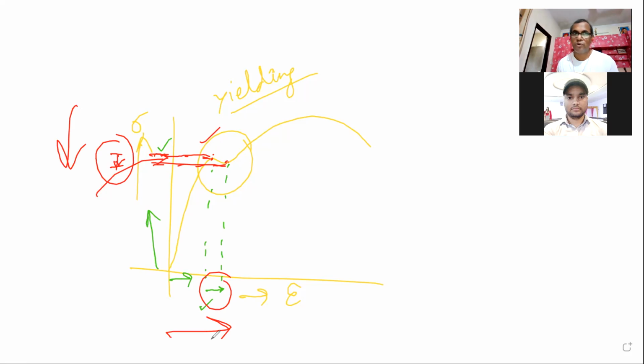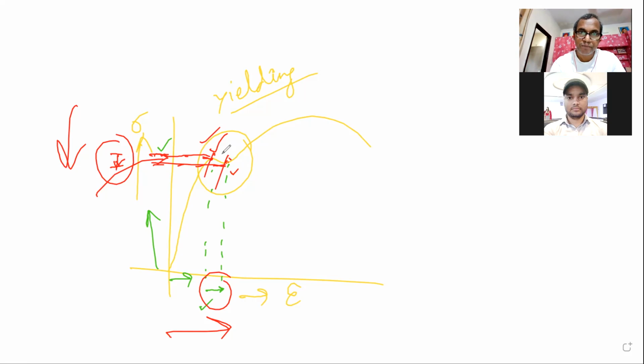This phenomenon is called yielding. That is why, from where the yield starts is the upper yield point, and where this phenomenon ends is called the lower yield point. Throughout this, from here to here, this is called yielding.